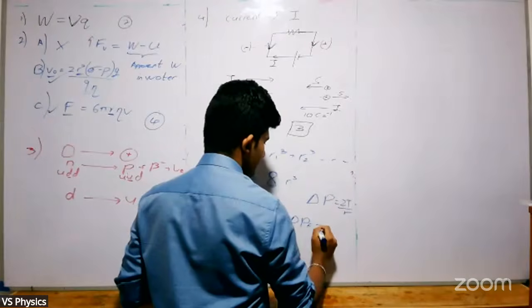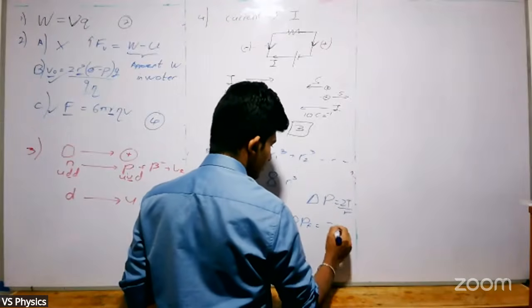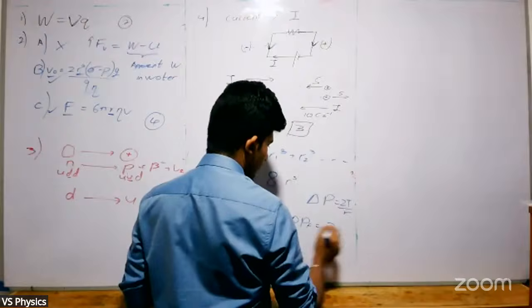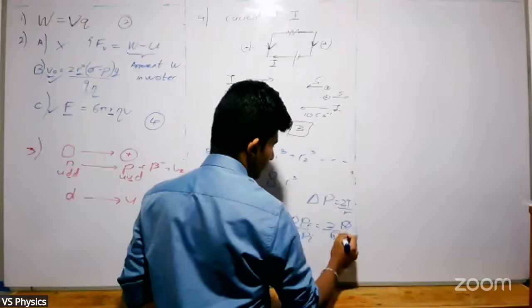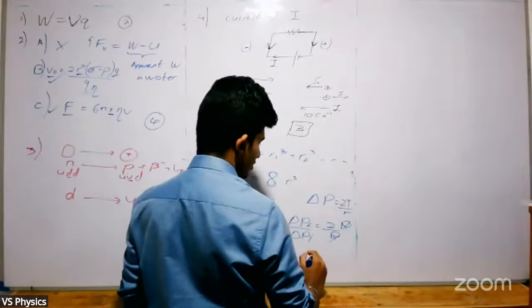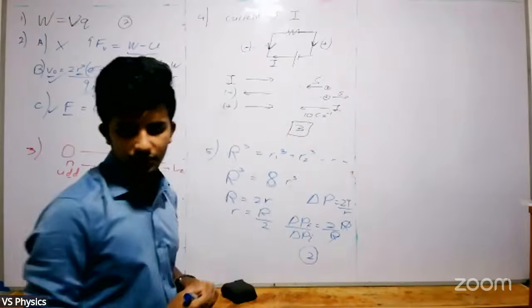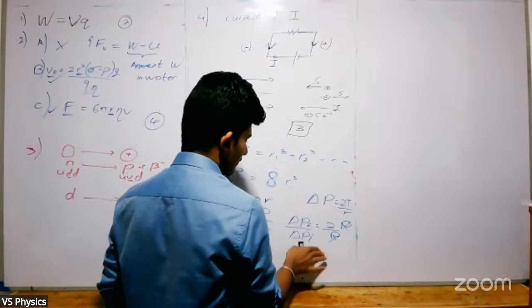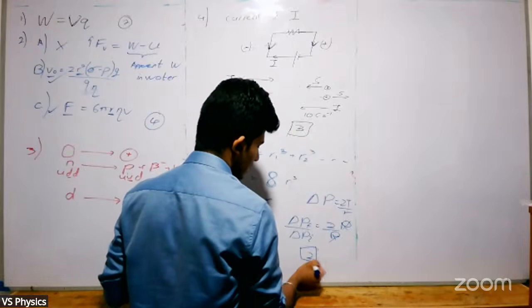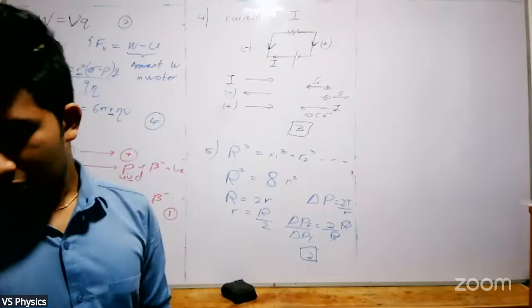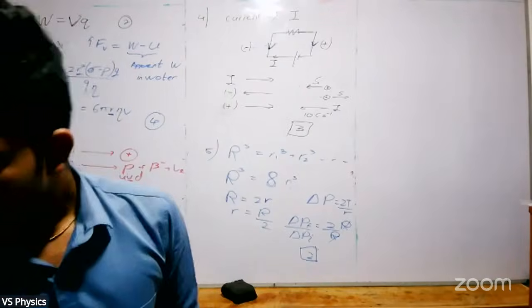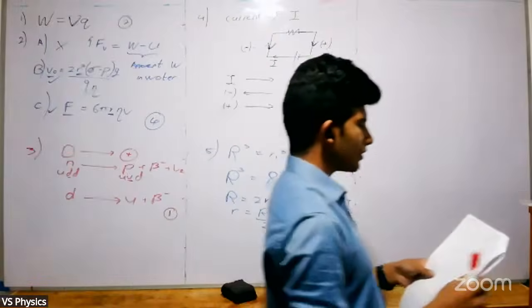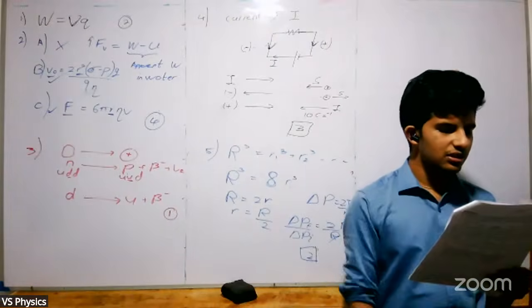Final pressure is proportional to 1 over R, and initial pressure is 1 over R. These two cancel and we get the ratio 2. So it's the second answer. Okay? That's it for the fifth question.